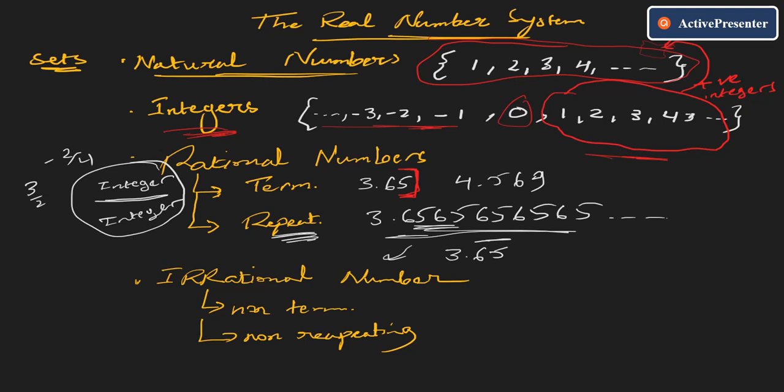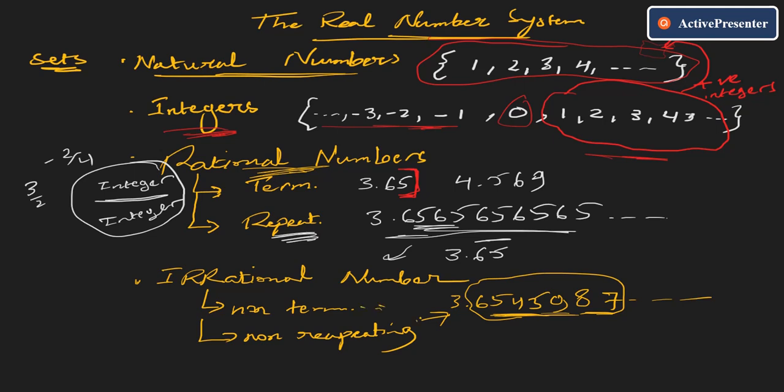If you discuss the irrational number, it could be of two forms, non-terminated or non-repeated decimal. Or you can say the irrational number is not the rational number. It is the opposite. So, non-terminating, we can say 3.65459878 and so on. We cannot say it is repeating. So different decimals here. So these are the two things that should be present in an irrational number.